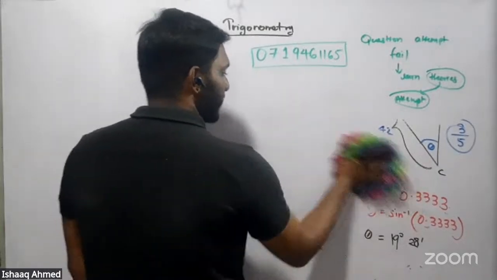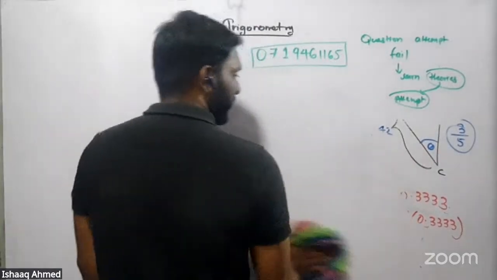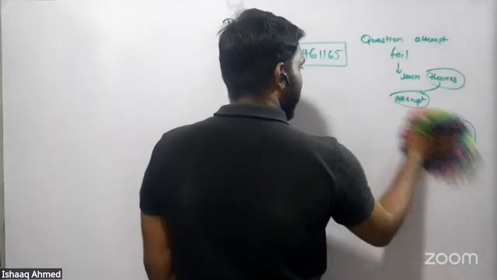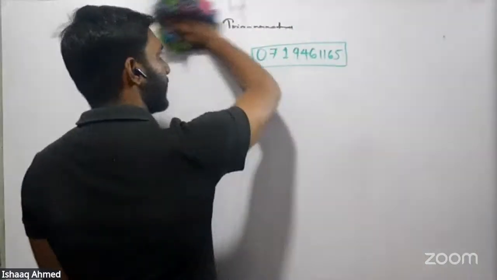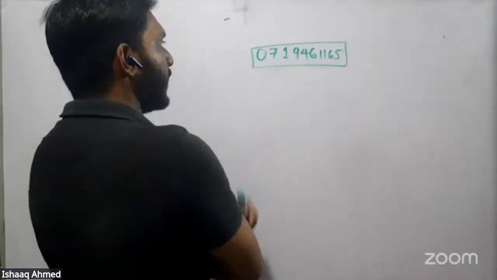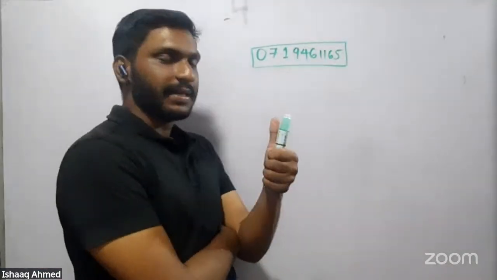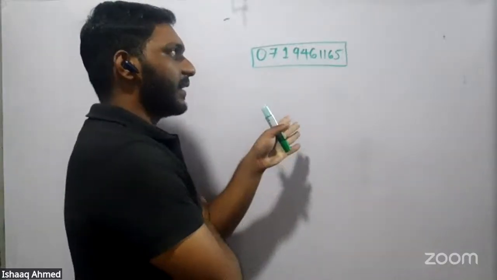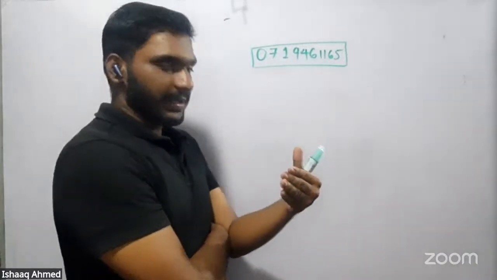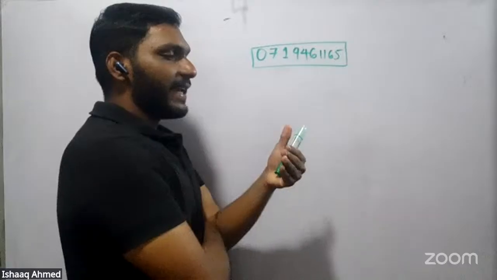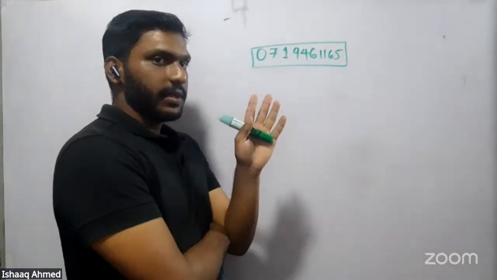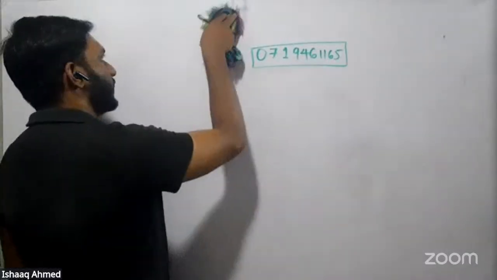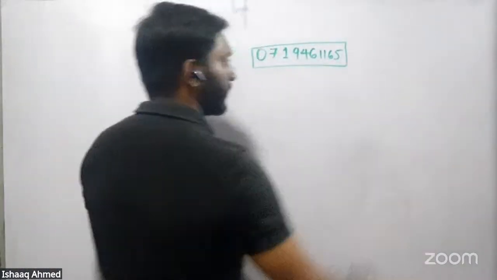I'm just a guy trying to help all of you. So take my number. If you have any doubts anywhere, any chapter, anytime, message. I won't be free all the time, obviously. But whenever I get free, I'll quickly check the message and clear your doubt. So feel free to contact me.